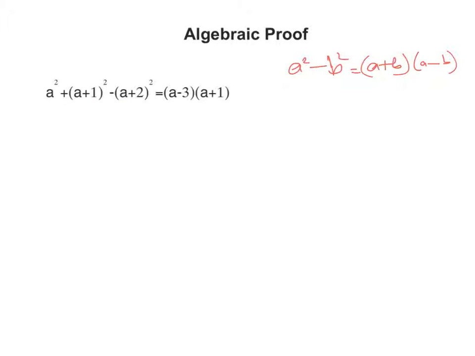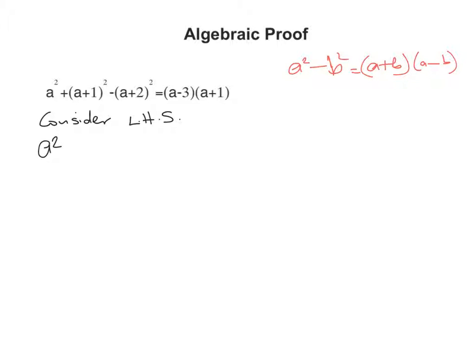So I'm going to tell my examiner that I'm going to consider my left hand side, where I'm going to manipulate the left hand side and show that I can get the right hand side. Now, like I said, difference of two squares I can see there. So let's try that out and see what happens.